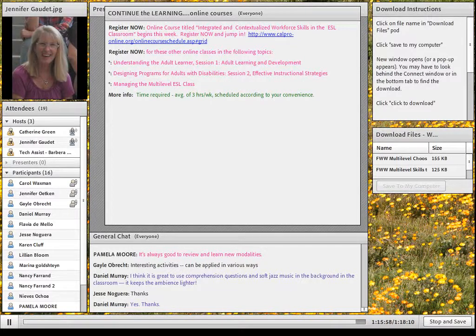And then two others you might be interested in that are also appropriate to ESL instructors. One is Understanding the Adult Learner, looking at adult learning and development, and also Designing Programs for Adults with Learning Disabilities. It really looks at effective instructional strategies and using, for example, Universal Design for Learning, UDL, which is great for students with LD and also students who are English language learners.